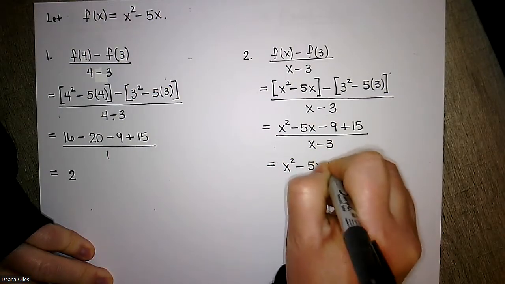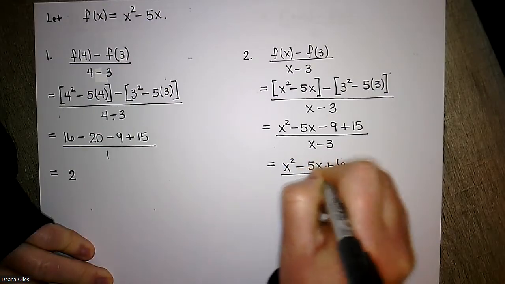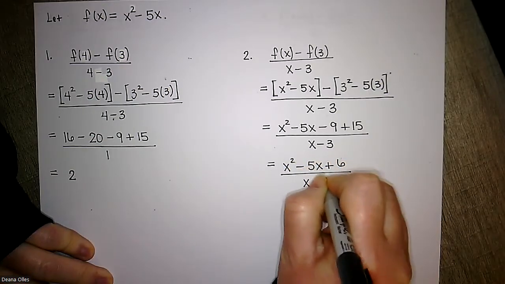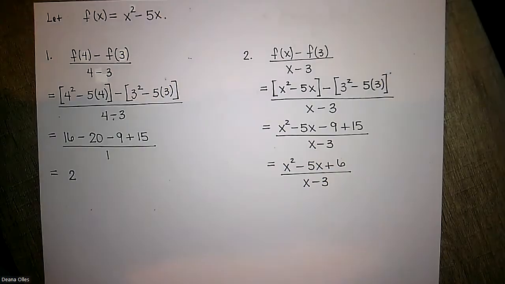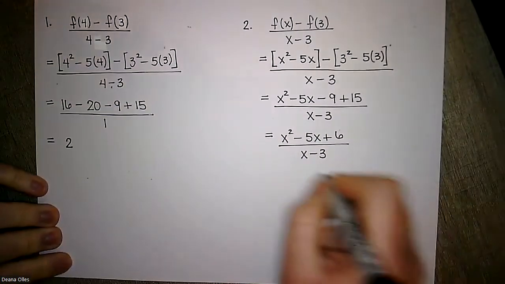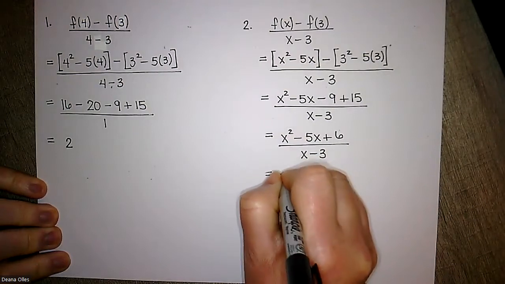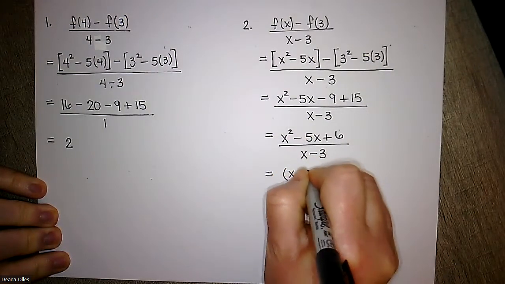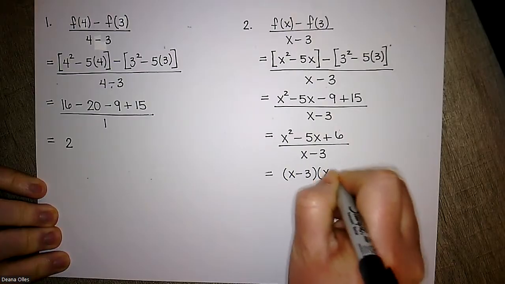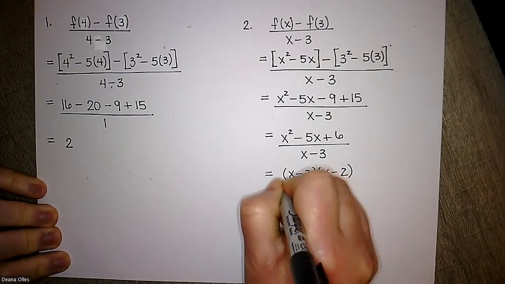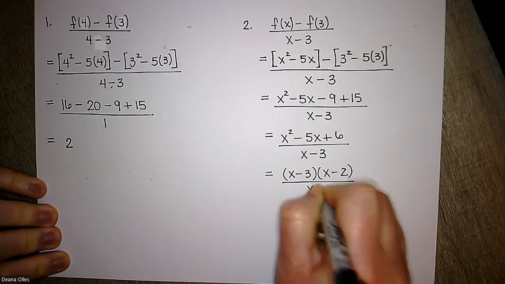So I have x squared minus 5x plus 6 all over x minus 3. And then I notice that my numerator looks factorable. Okay. So if I factor my numerator, I get x minus 3 times x minus 2, divided by x minus 3.